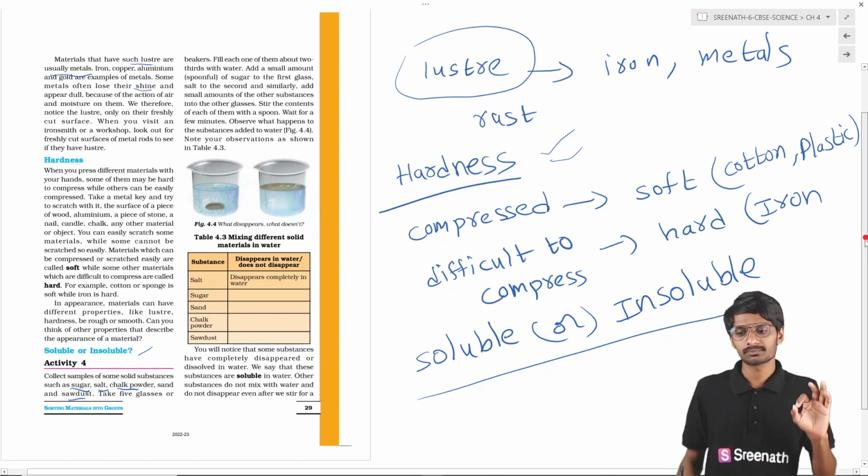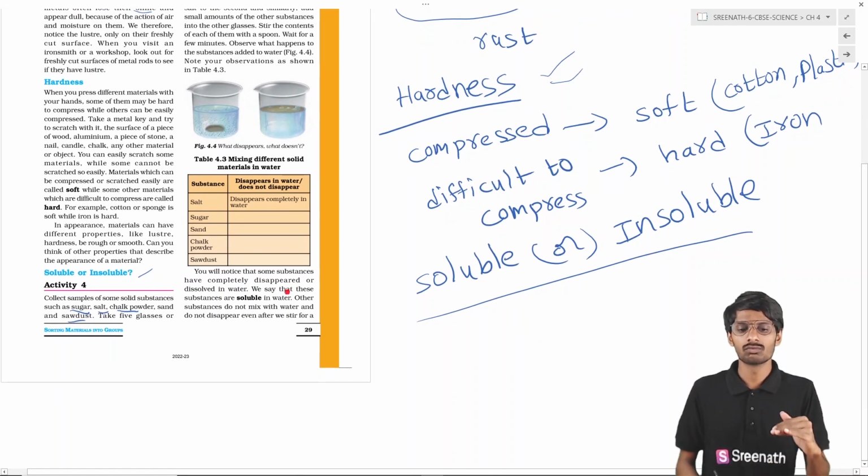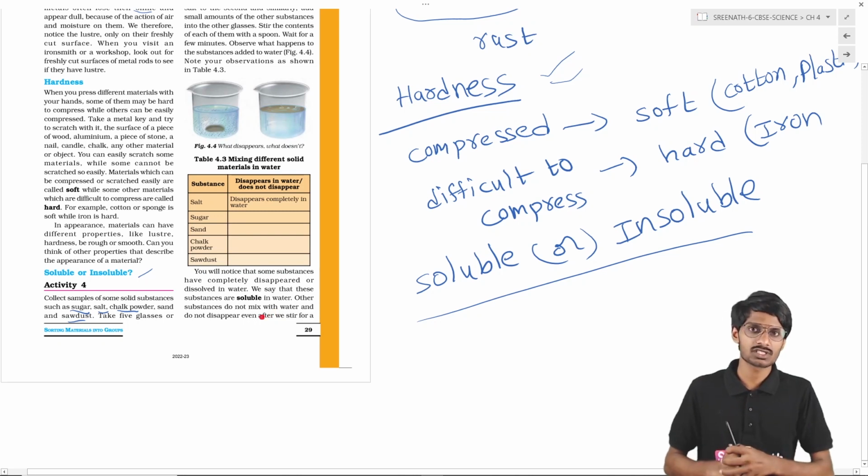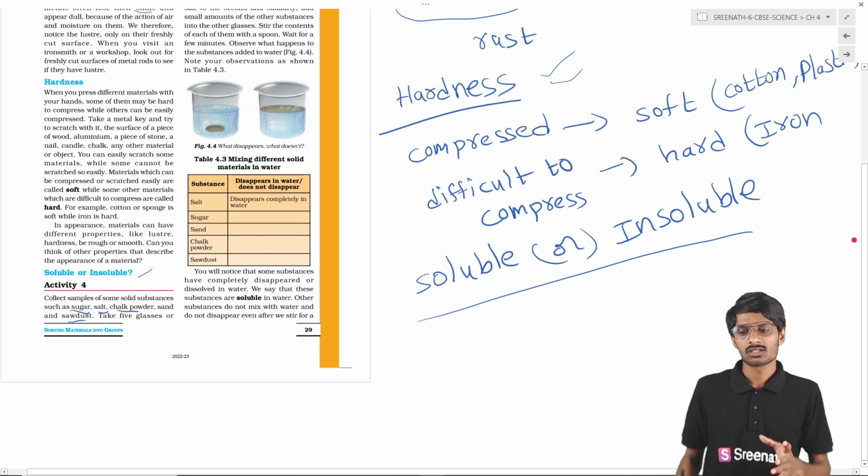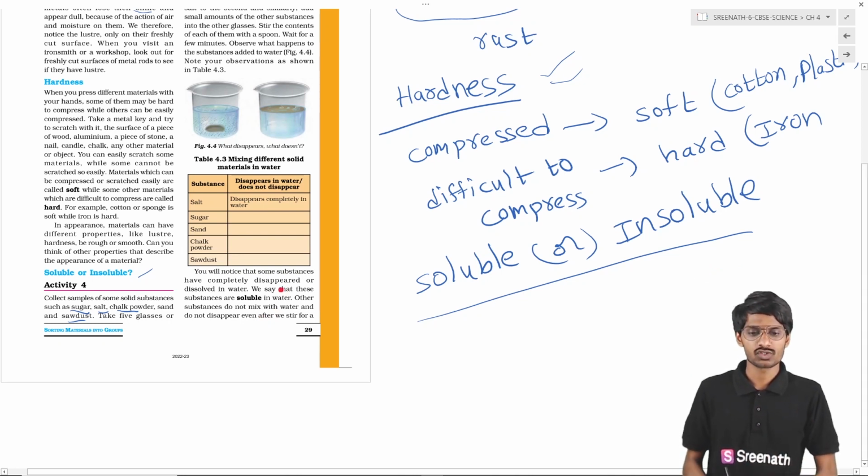If there are no particles or solid substances, we say the substances are soluble. You will notice that some substances have completely disappeared.